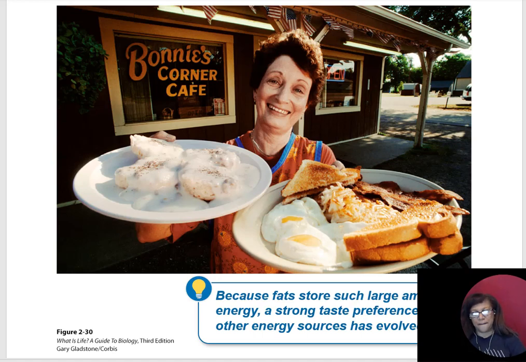And so when we look at something like this plate that is brought to us, or these plates, right? One that has this creamy gravy and these eggs and hash browns and bacon and toast with butter on it, we're like, yum, right? Because that's a lot of fat.